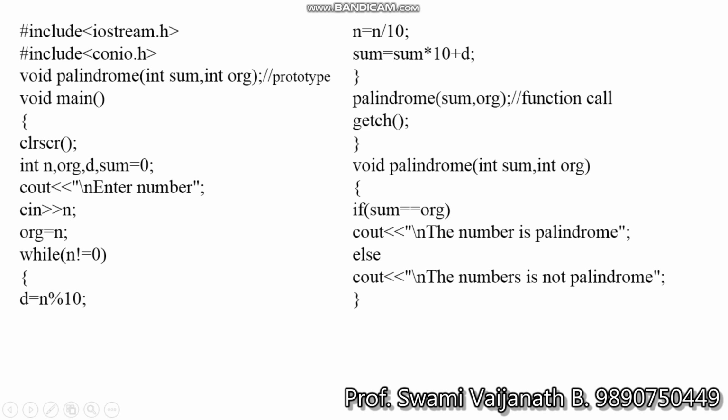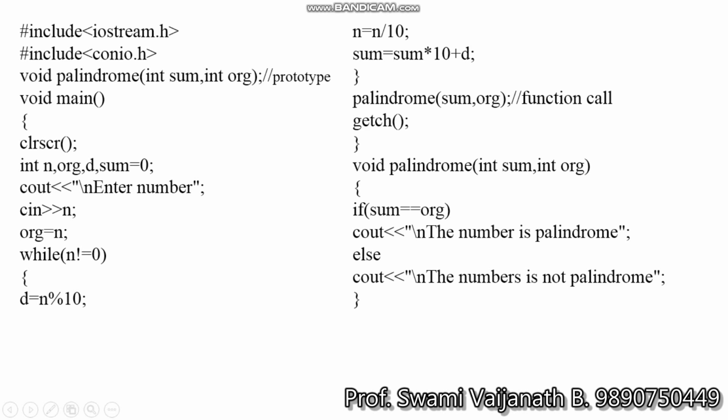The function prototype is a statement which is declared above the main function or inside the main function. In this program, we declare a prototype above the main, which has no return type, and the function name is palindrome, which contains sum and org as dummy arguments or formal arguments. Each dummy argument has its own data type.